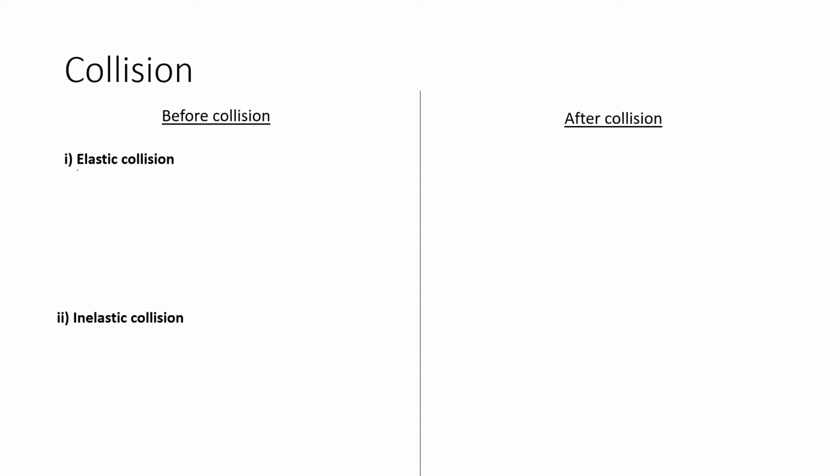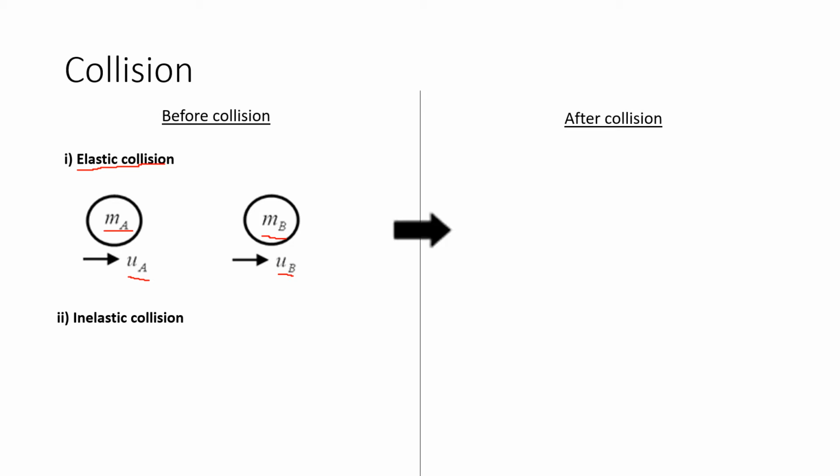We will be focusing on the elastic collision first. Here you can see an object A with mass A and initial velocity of A colliding with an object B with mass B and initial velocity of B. At some point, they will collide with each other, and after collision they will be separated from each other.